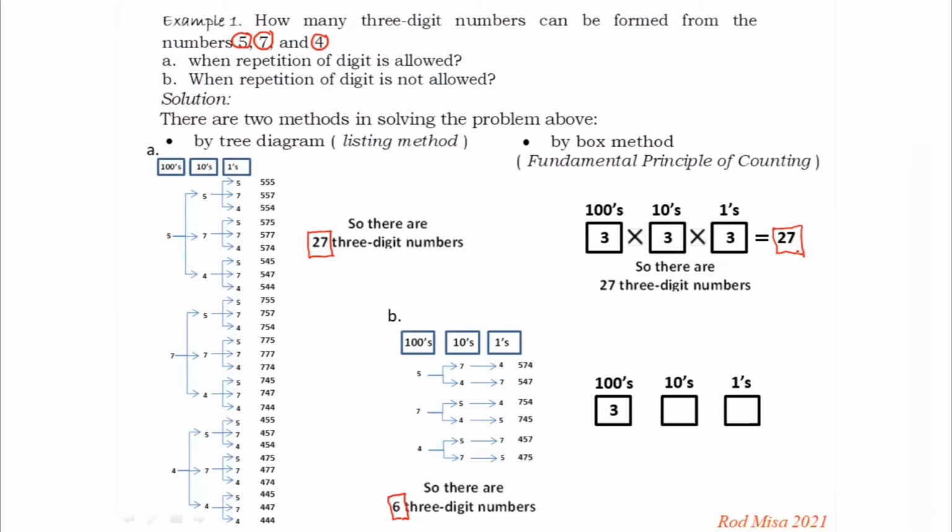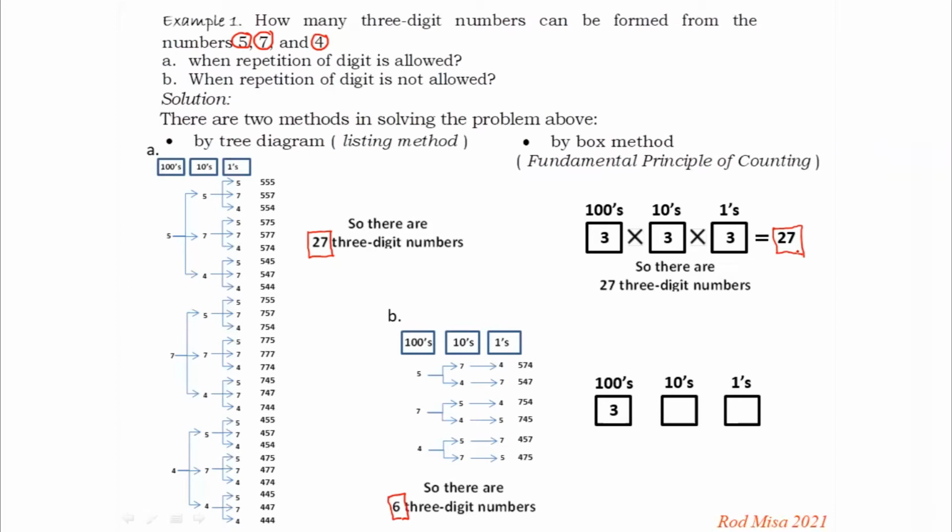But in the tens place, once one of the numbers has been placed in the hundreds place, I cannot place that number in the tens place because repetition is not allowed. For example, if I have placed 5 in the hundreds place, then I cannot use 5 in the tens place.